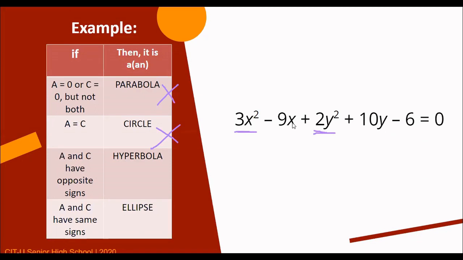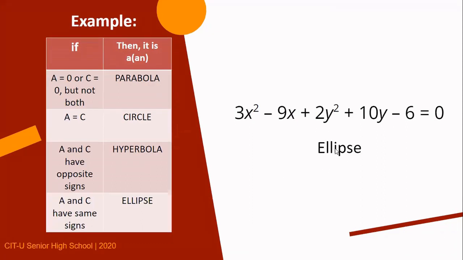A and C have opposite signs? We check that your C is positive and your A is also positive. Therefore, this isn't a hyperbola. Last one, A and C have the same signs, so we conclude that this equation describes an ellipse.